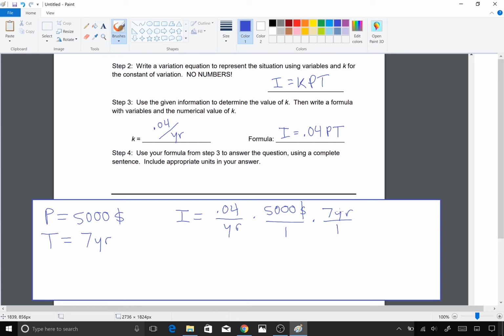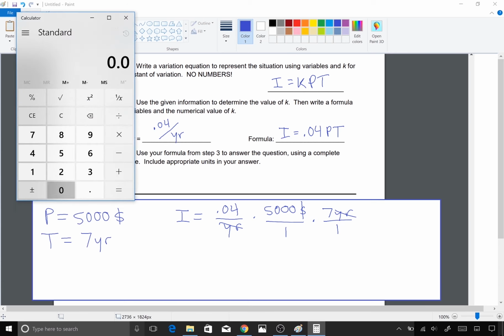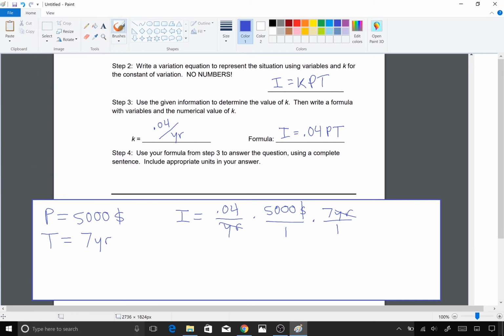And if you see, the year is going to cancel, and the only unit that's going to be left is the dollars, which is what we want. We want the interest that we earn to be in dollars. So we have that I equals 0.04 times 5,000 times 7, which is 1,400. I equals $1,400.